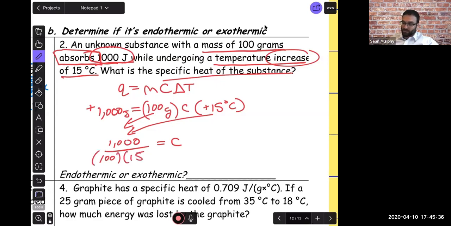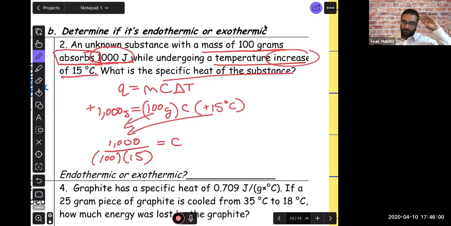So let's look at our specific heat capacity. Remember, if you get a number higher than 4, it's probably incorrect because 4.184 is one of the highest that you can get. So let's do 1,000 divided by 100 divided by 15.